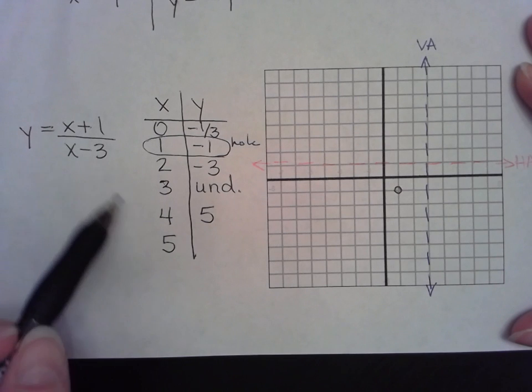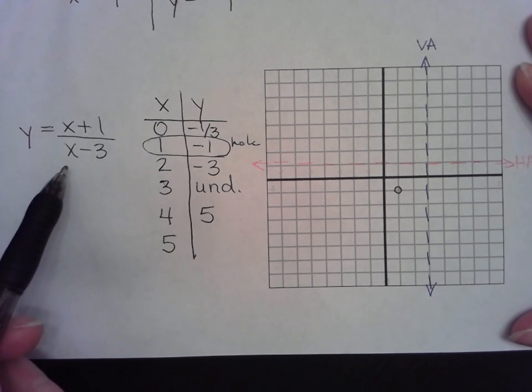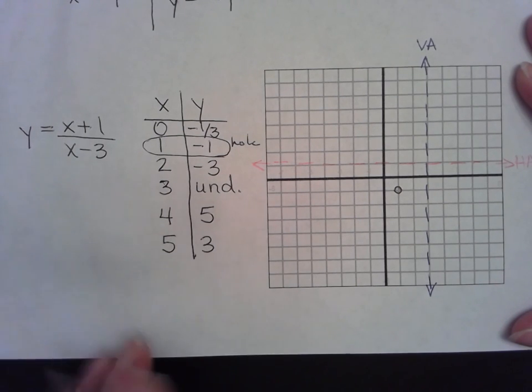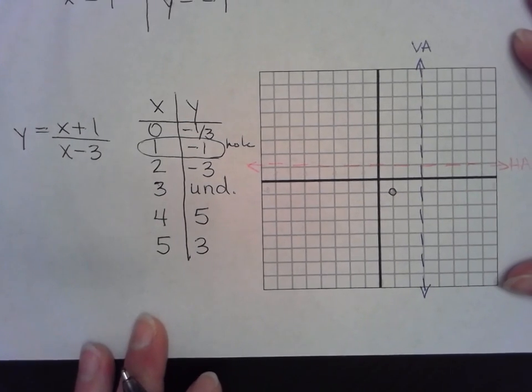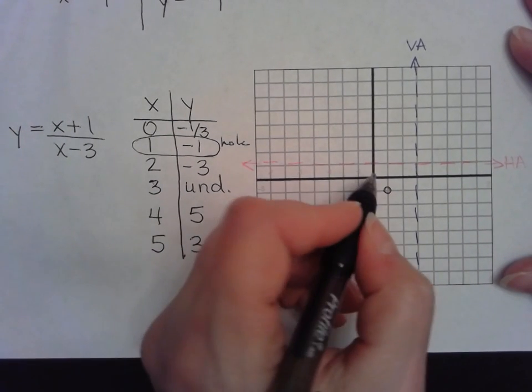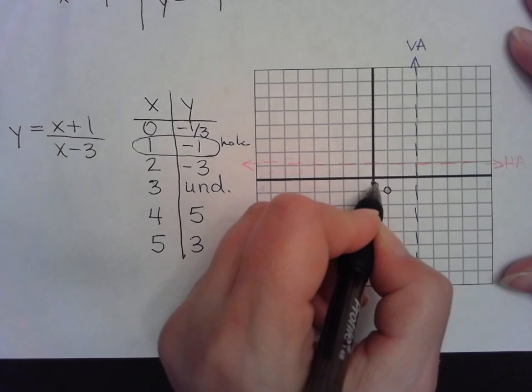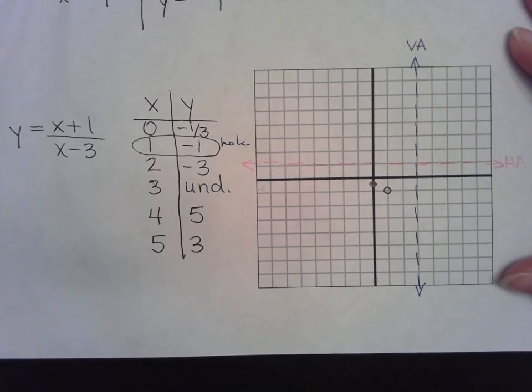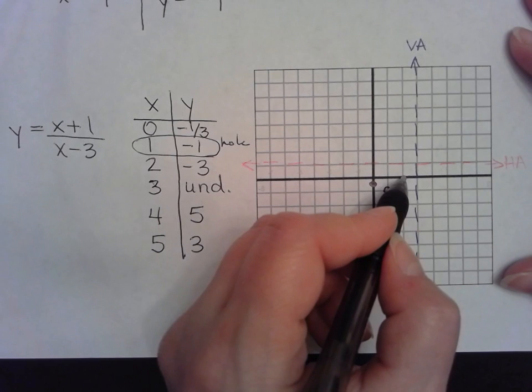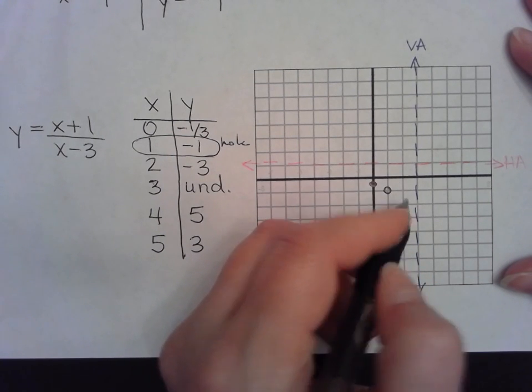And if I plug in 5, I'm going to have 6 over 2. So that's 3. Okay, so let's plot these. So I have (0, negative a third), maybe right there. And I have (2, negative 3).